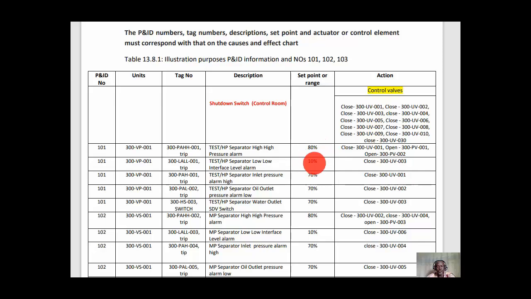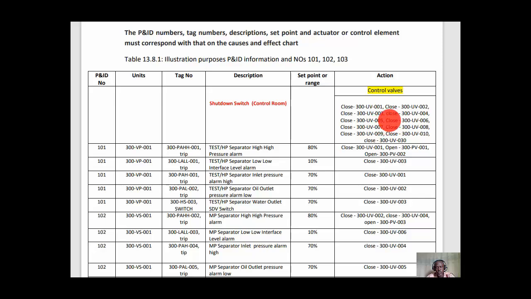When there is deviation from this point, or when the alarm goes above 80% and the trip occurs, the valve 300-UV01 will close. The valve 300-PV-001 will open, and the valve 300-PV-002 will also open.